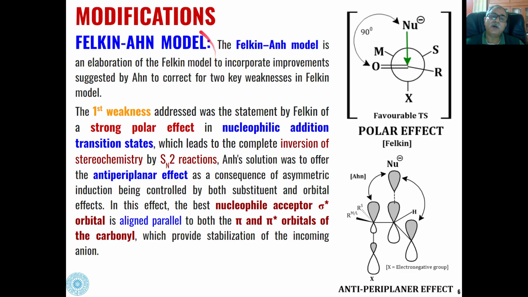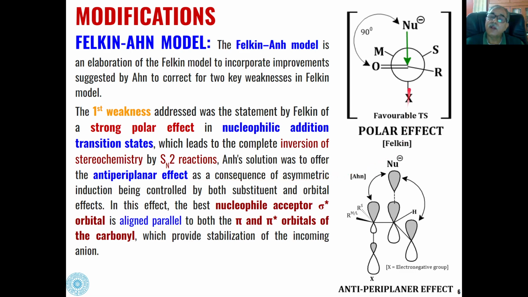And the Felkin-Anh model is basically an elaboration of the Cram model, which incorporates the improvements suggested by Anh to correct the two weaknesses which we have seen in the Cram model. The first weakness was a strong polar effect in the nucleophilic addition transition state, which will lead to the complete inversion of stereochemistry in SN2 type reactions.